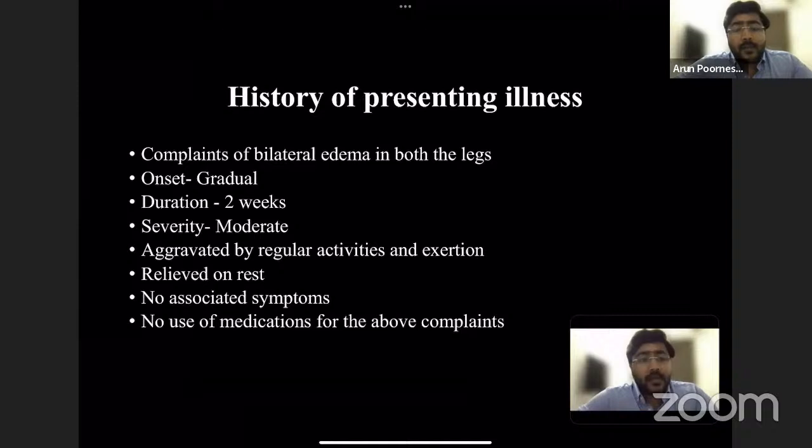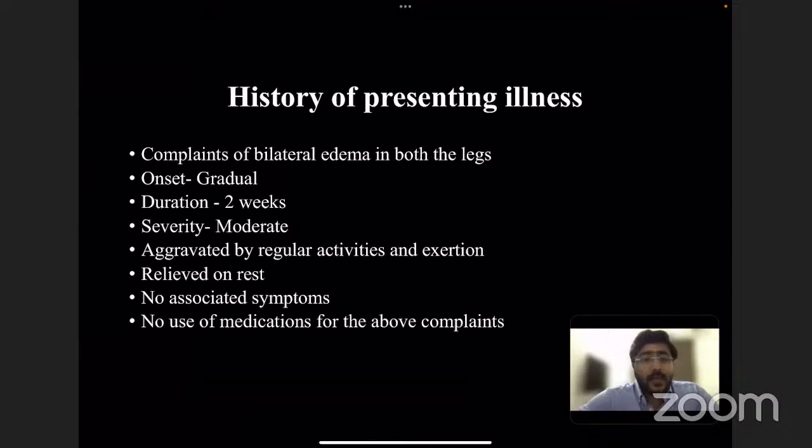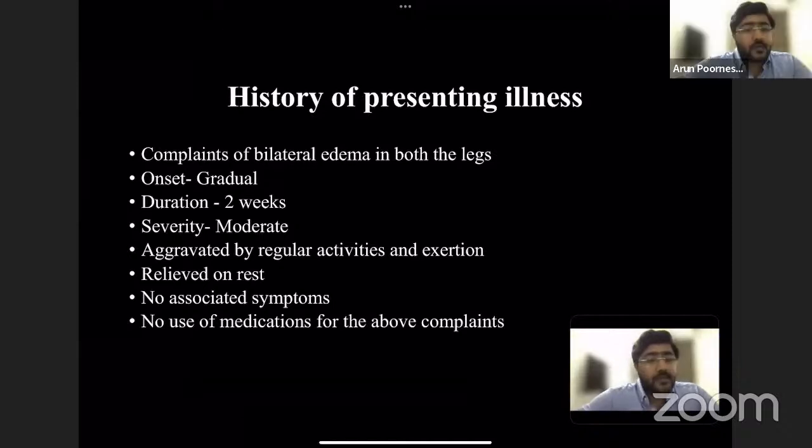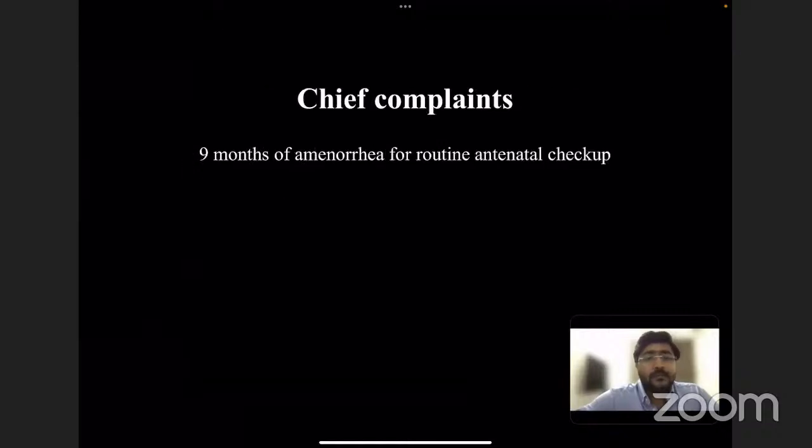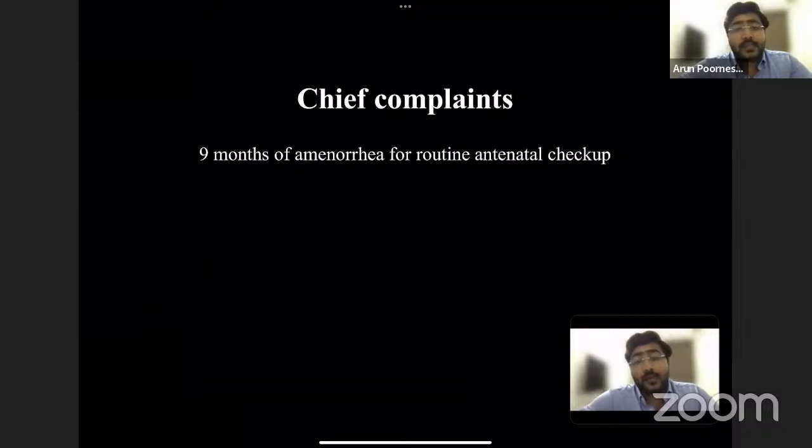So you can write all the positive findings, then the negatives, and don't write the heading as chief complaints in antenatal care cases. Then these are all fine. Could you please go to the previous one? The previous slides, the first one.